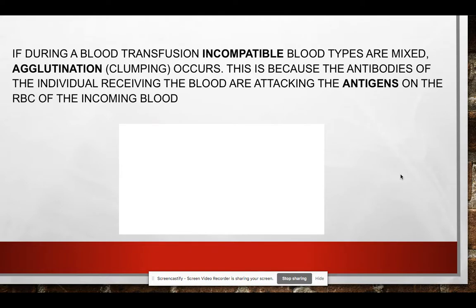Now you may be wondering, so what happens if I mix two wrong blood types, two incompatible blood types? What happens is called agglutination, also known as clumping. This is because the antibodies of the individual receiving the blood are attacking the antigens on the red blood cell of the incoming blood.